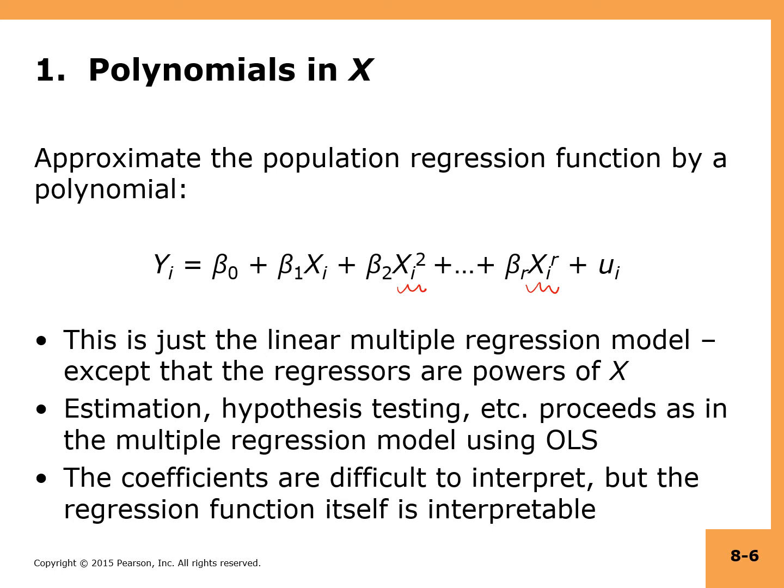If you look at this function, you can see that it looks pretty much like the linear multiple regression model that we have learned in the past lecture, except for the fact that regressors are now the powers of x. So this function can be estimated using OLS. And all the different tests that we have done in OLS apply in this case as well.